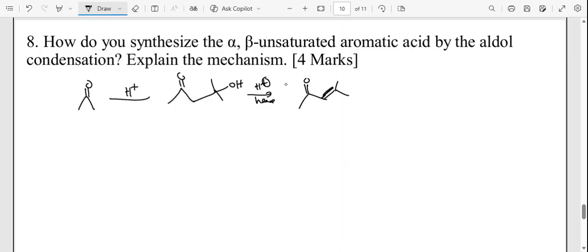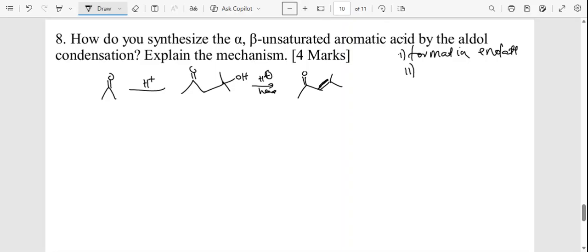The first step that we have is formation of an enolate. Enolate is this anion. So always this condensation is formation of an enolate. Then the second step that we do is nucleophilic attack on the aromatic ring.